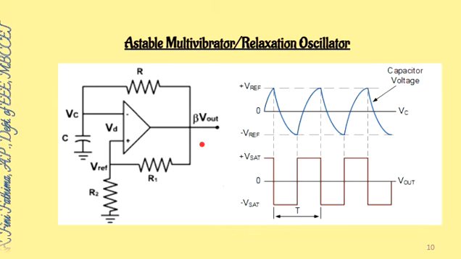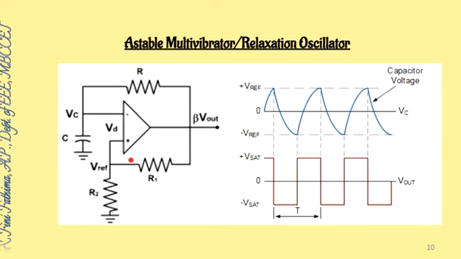Since in this circuit we are not providing any input, the voltage across the capacitor acts as if we are giving an input. So as the voltage across the capacitor increases and decreases, the output switches from plus VSAT to minus VSAT.